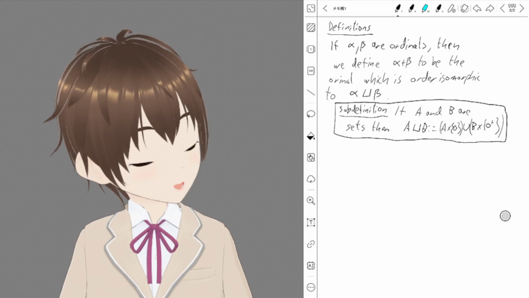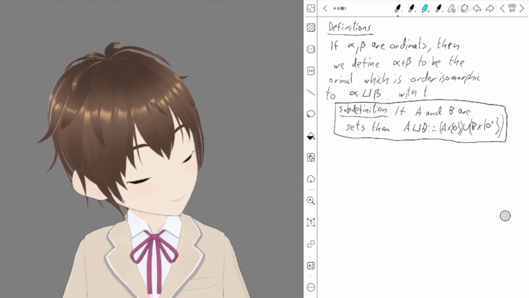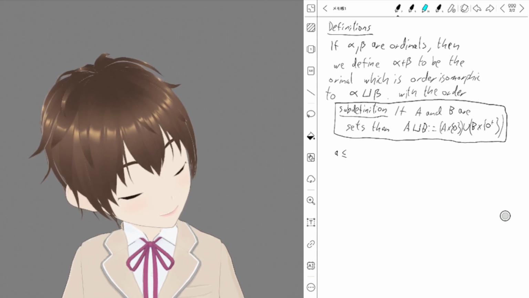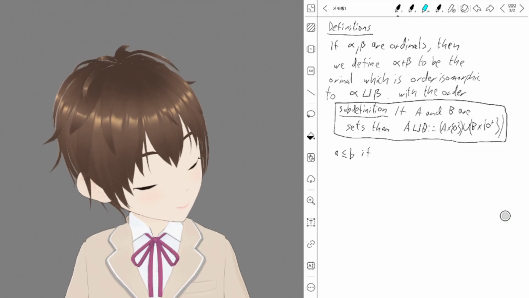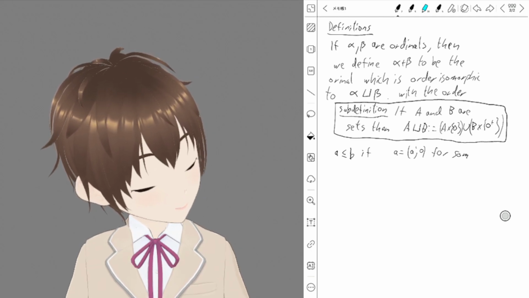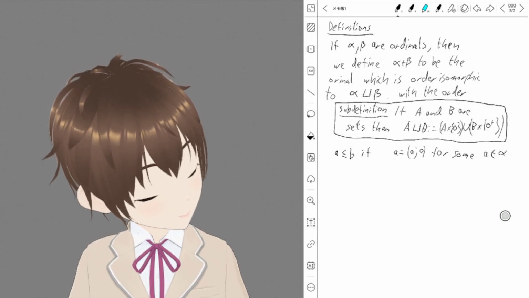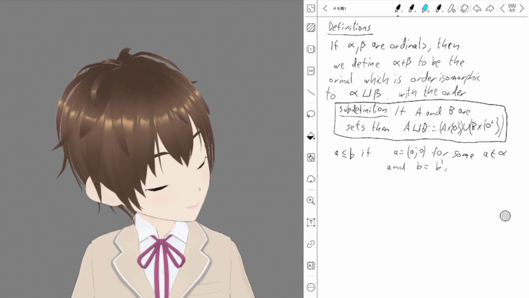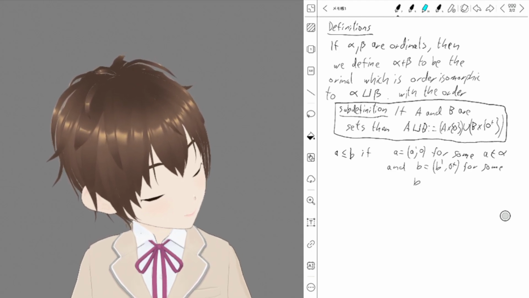So back to the ordinal, we take the disjoint union of alpha and beta with the order: a is less than or equal to b if either a belongs to alpha, so a is equal to (a', 0) for some a' in alpha, and b is in beta, b is equal to (b', 1) for some b' in beta.